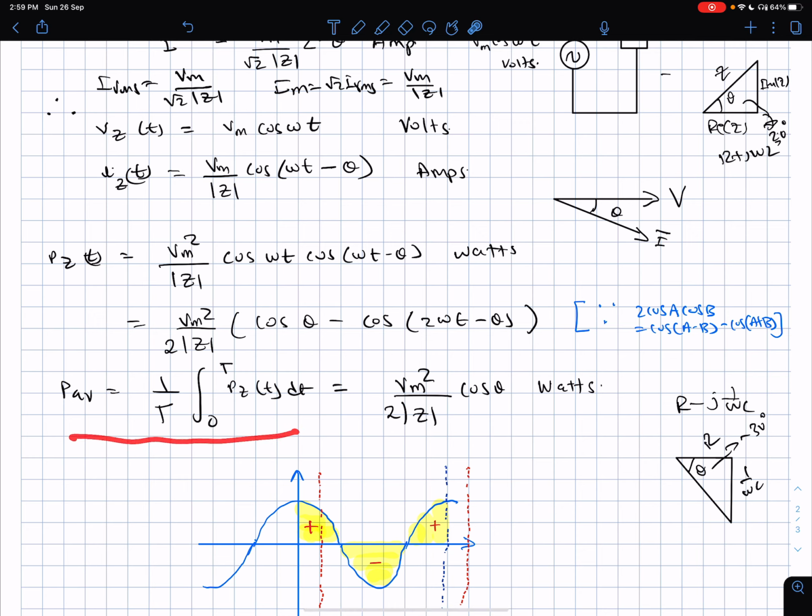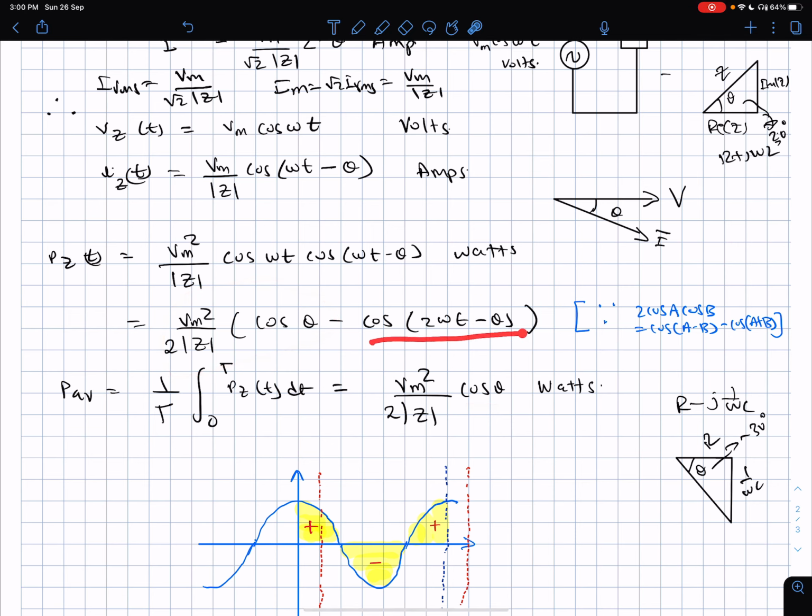This requires accumulating the power over a complete cycle and then dividing by the time period. If you do this averaging, the first term is constant, so you average from 0 to 2 pi, and only the cos theta term remains, so you get Vm square by 2Z cos theta.